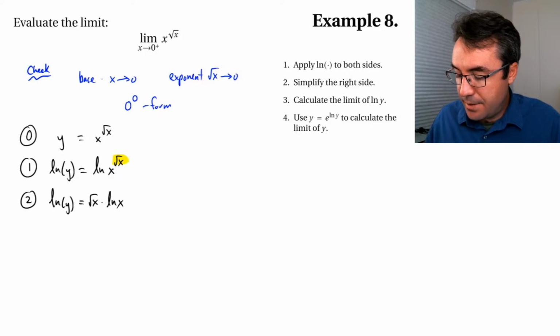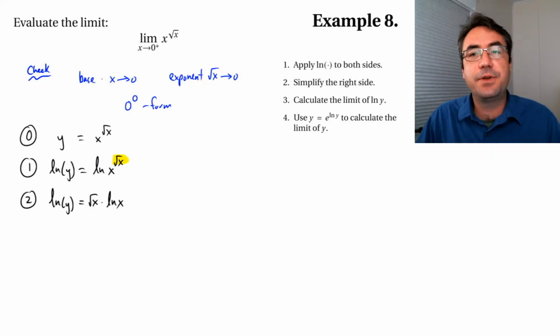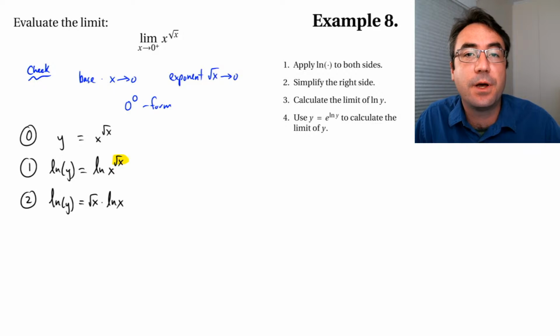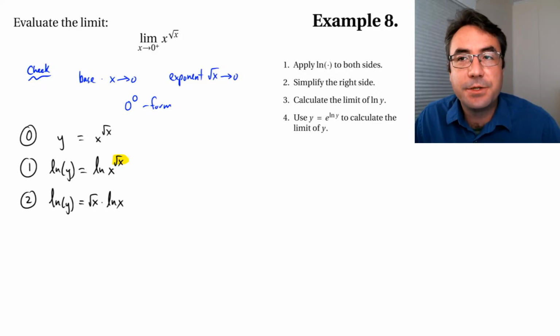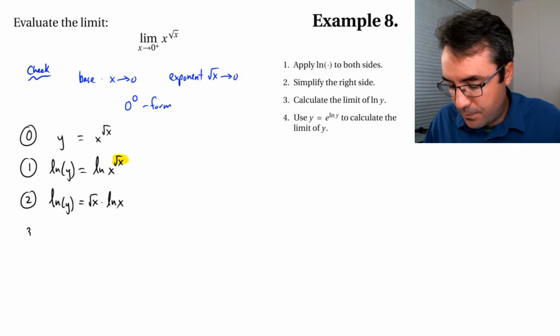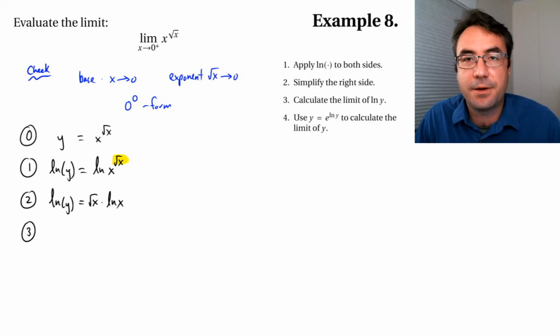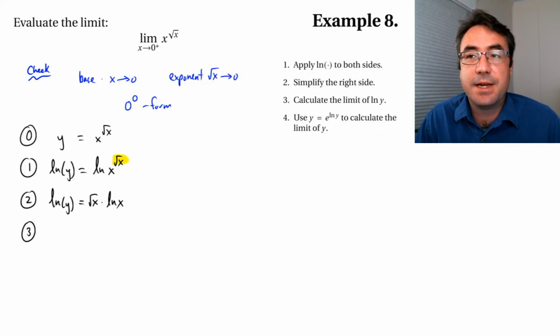Then in step 3, so far that all should feel very similar to what we would do with logarithmic differentiation. Now we're not actually differentiating here, we want to do the limit, so that's where it starts to deviate. We're going to do the limit of both sides now.